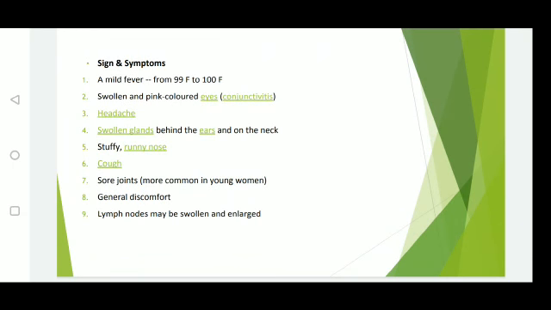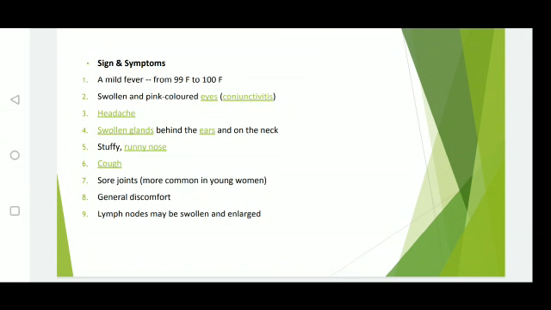Then we'll see the signs and symptoms. First is mild fever, from 99 degrees Fahrenheit to 100 degrees Fahrenheit. Second is swollen and pink colored eyes, which can lead to conjunctivitis. Then headache, and swollen glands, especially behind the ears or on the neck.